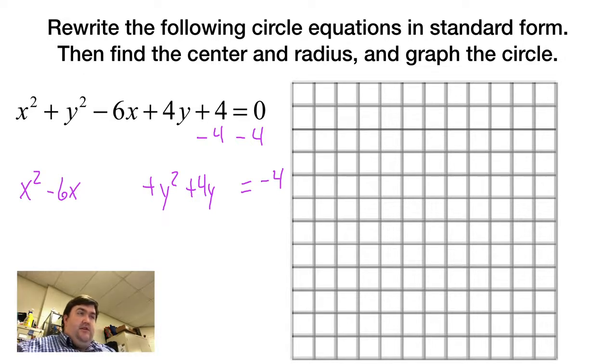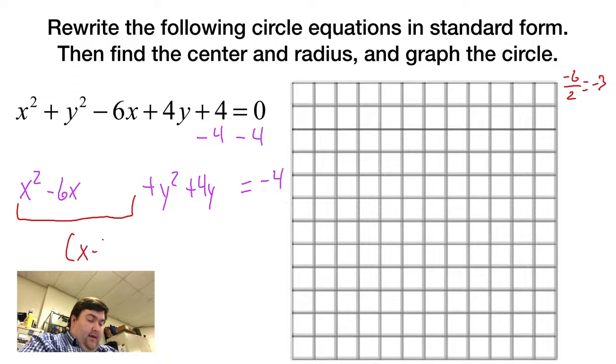And so now what I would do is first complete this square, so half of -6 is -3. That means it's going to become (x minus 3) squared, and then (-3) squared is 9. So I would say plus 9. So I'm adding 9 to both sides.